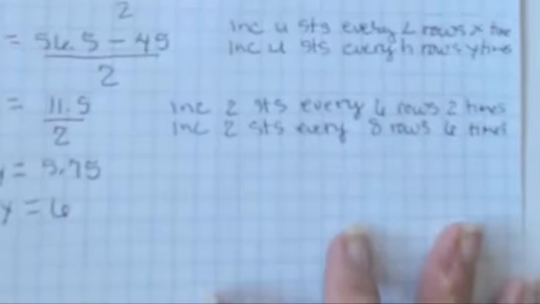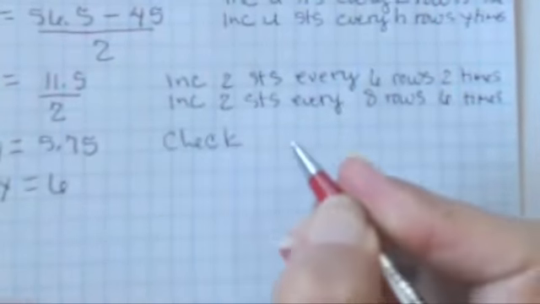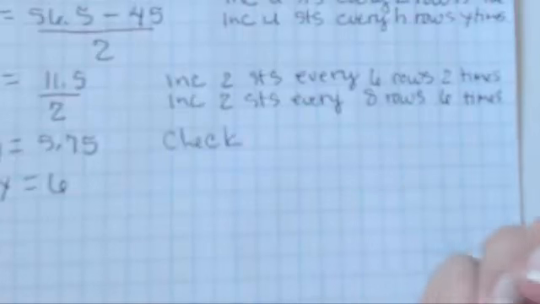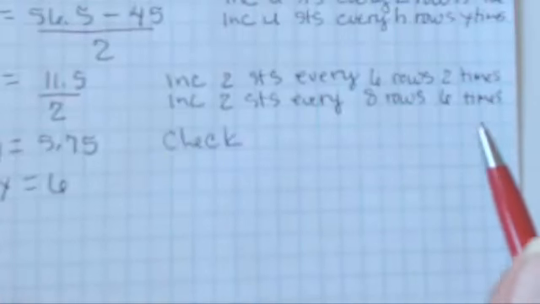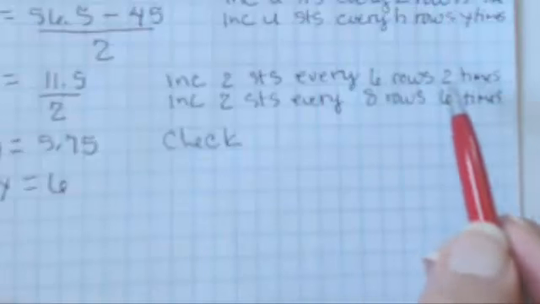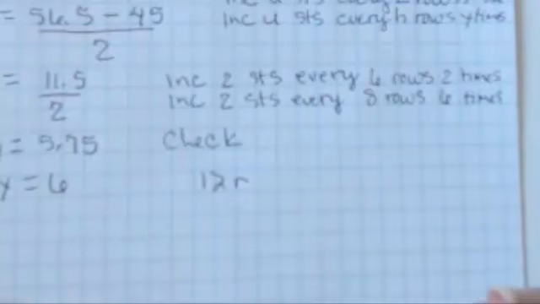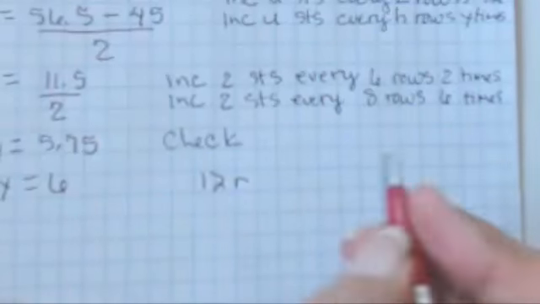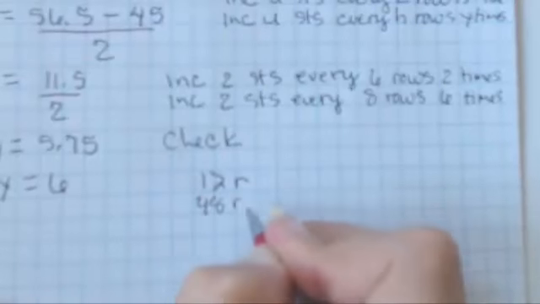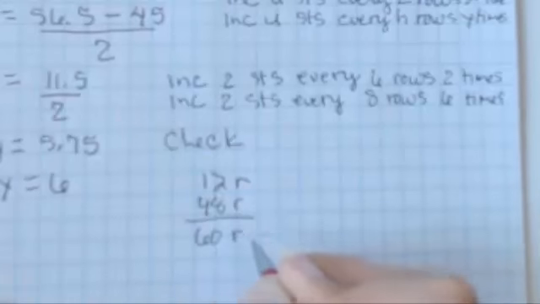All right, let's check our math. So let's see if we're right on our rows. So we're going to do 6 rows twice, that's 12. And then we're going to do 8 rows 6 times, so that's 48 rows. 12 plus 48 is 60 rows.